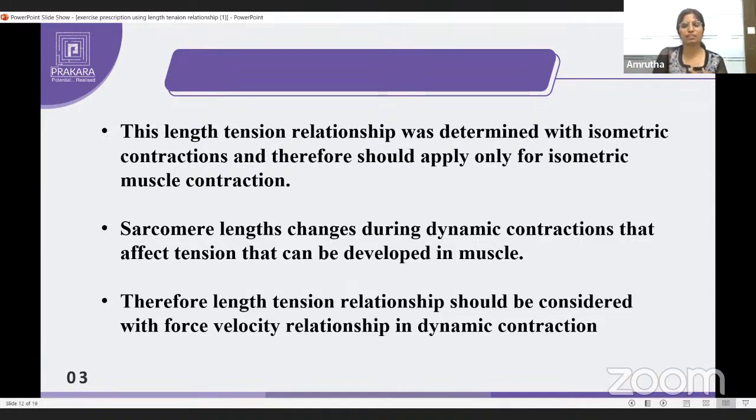I'm not saying that when any patient comes to you, use length tension relationship and only go for isometric contractions. No, but most of the patients will need isometric contractions more than dynamic contractions, especially patients like me. I'll be telling it when it is required in further slides. Therefore, the length tension relationship should be considered with force velocity relationship in dynamic contraction.